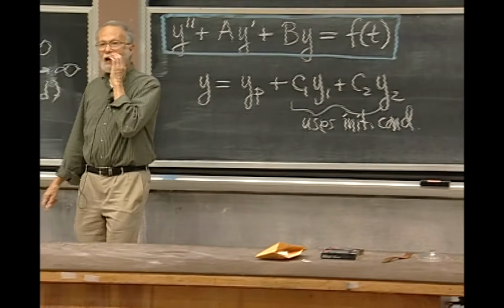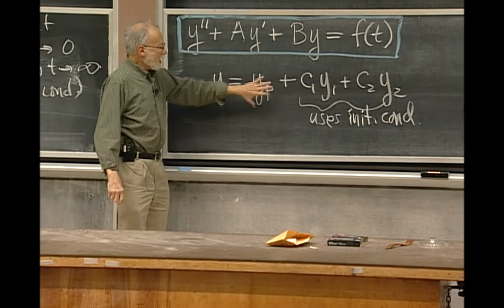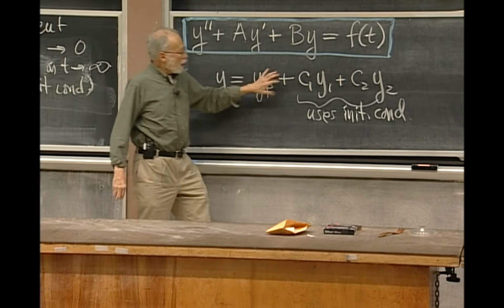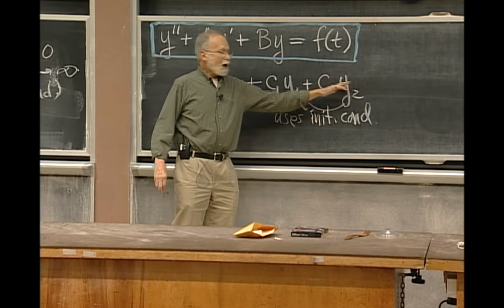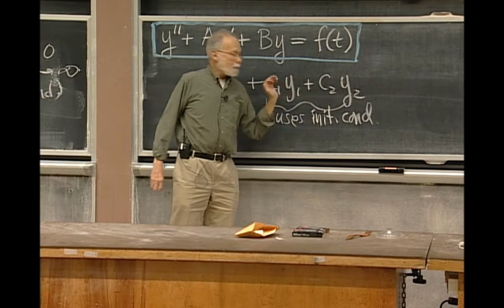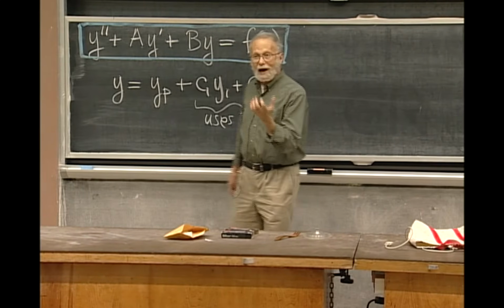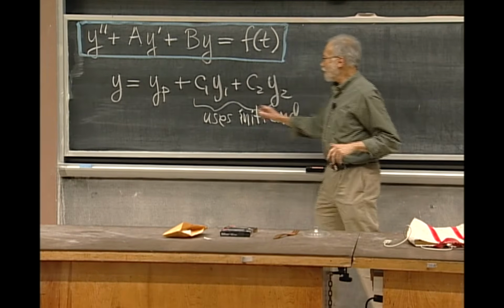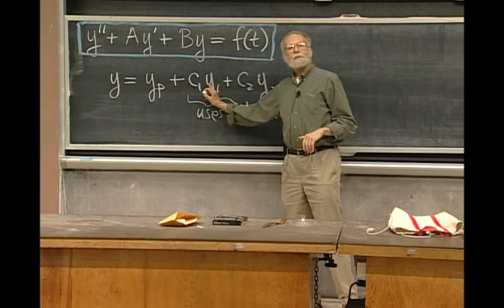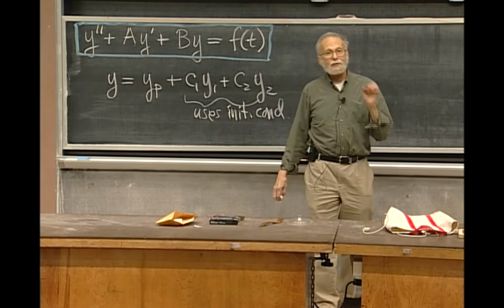Therefore, if I want to say that the solutions look like a steady state solution plus something which dies away, which becomes less and less important as time goes on, what I'm really asking is, under what circumstances is this part guaranteed to go to 0?